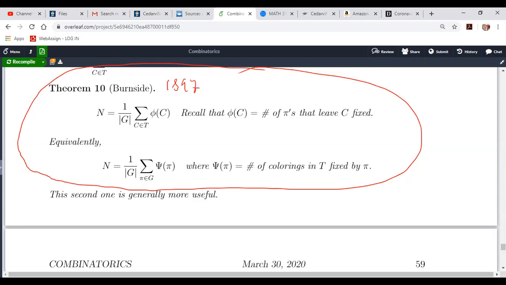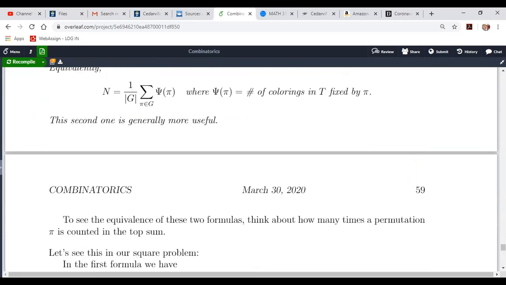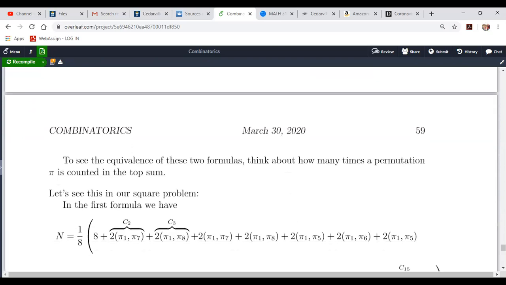N is 1 over the size of the group times the sum over permutations in the group of psi of pi, where psi of pi is simply the number of colorings in T that are fixed by pi. And generally that second one is slightly easier to deal with. So let's see this finally applied in our example here, okay?